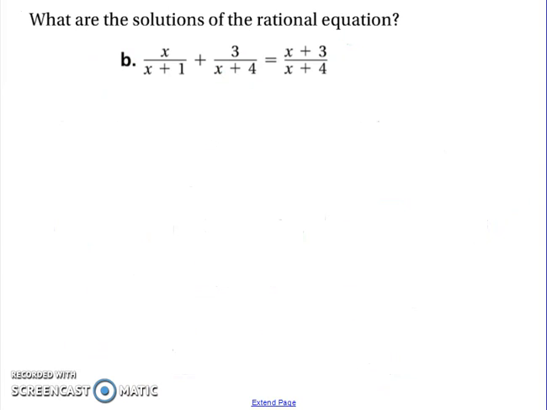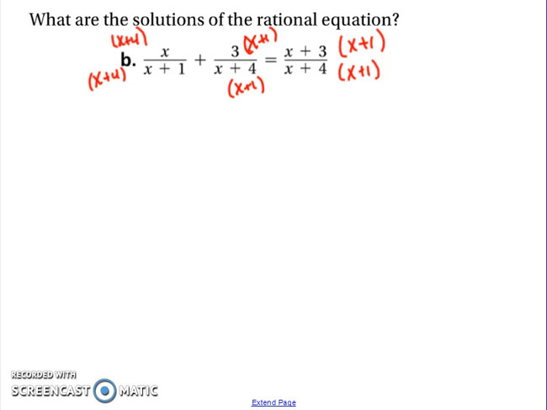Okay, if we look at one more, if we look at all three of the denominators, they're not all the same. So I'm missing an x plus 4 from the first one, top and bottom. I'm missing an x plus 1 from the second one, top and bottom. And I'm missing an x plus 1 on the last one, top and bottom.